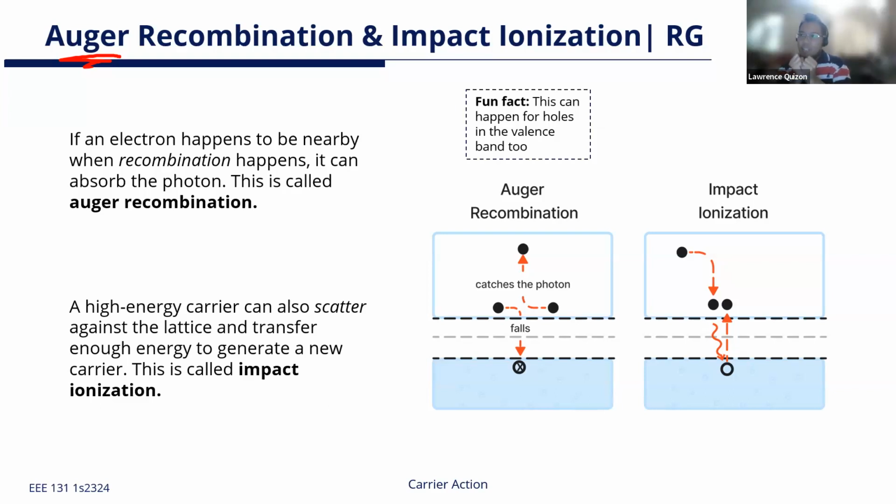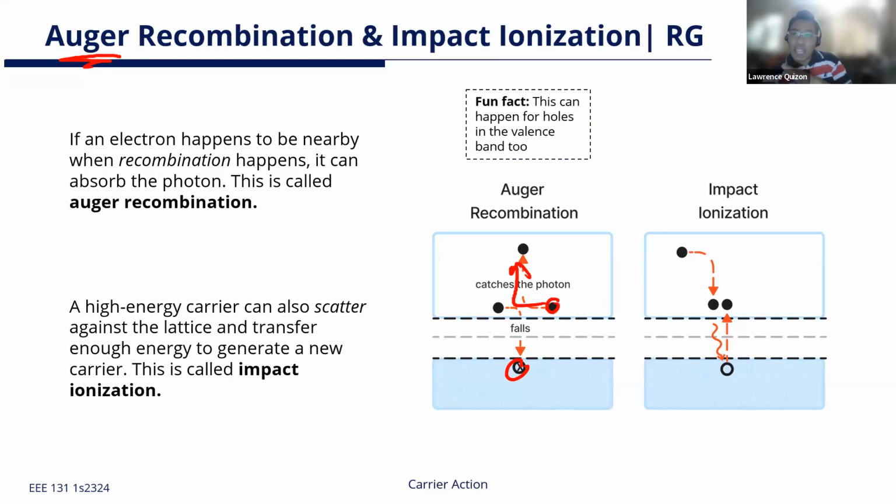Meanwhile, the one that gave it energy gets knocked down to the valence band, to a hole that's available. This is called Auger recombination. One electron in the conduction band gains the energy that an electron loses from recombination. So, simple.